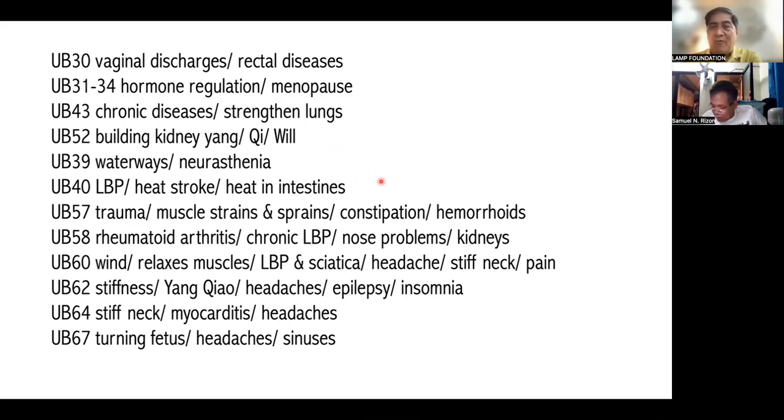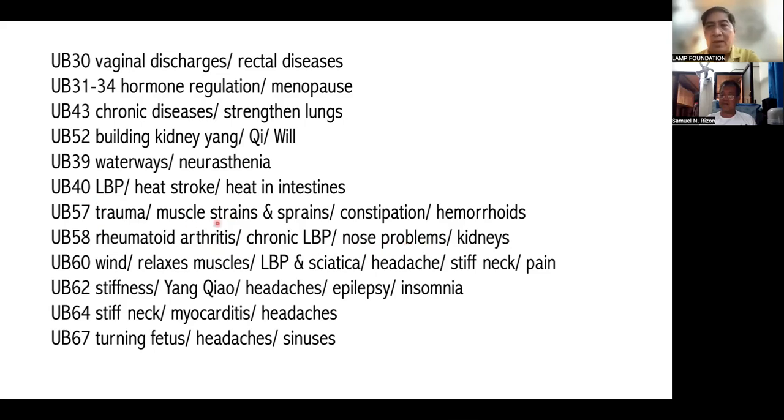Low back pain, bladder 40, whether acute or chronic, you use bladder 40. You can also use this for heat stroke, heat in the intestines. Bladder 57, traumatic injury, muscle strain. So it's very good for athletes, no? Also for hemorrhoids, constipation. Bladder 58, rheumatoid arthritis, chronic low back pain, nose problem.